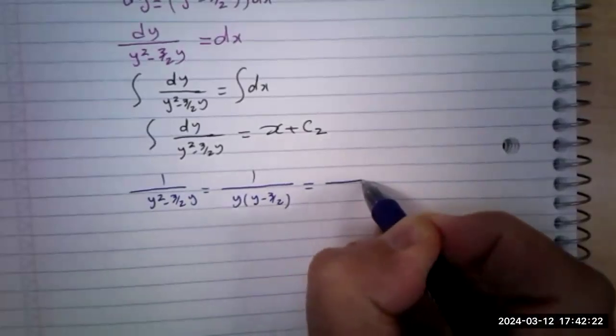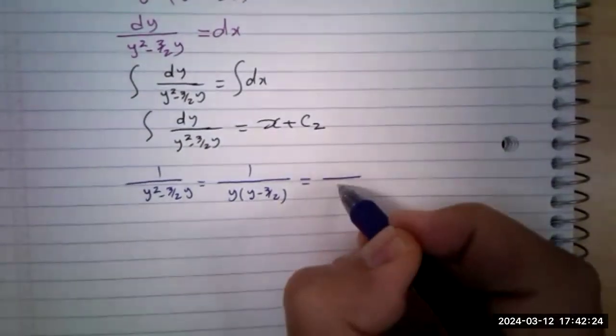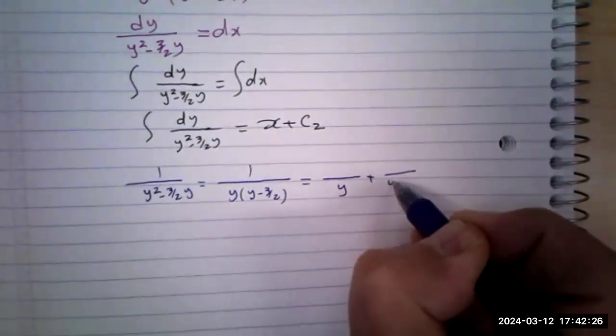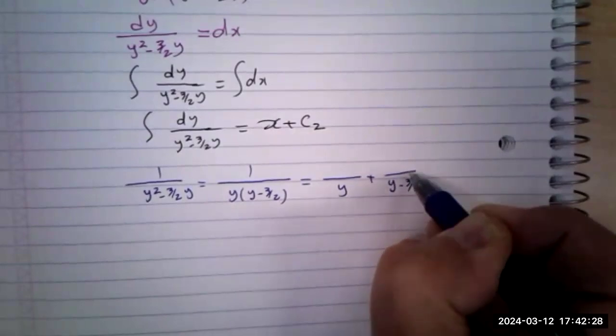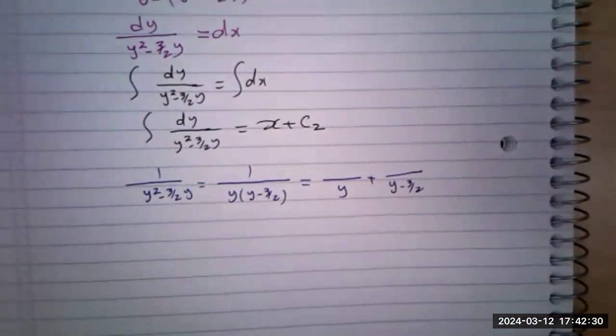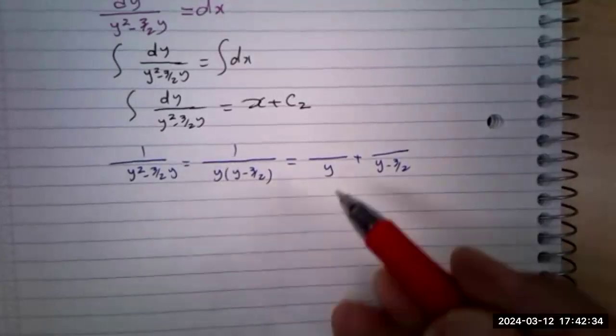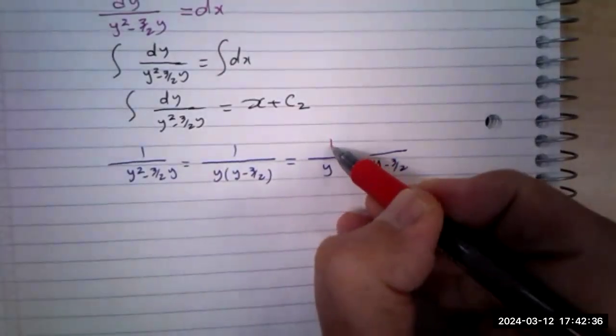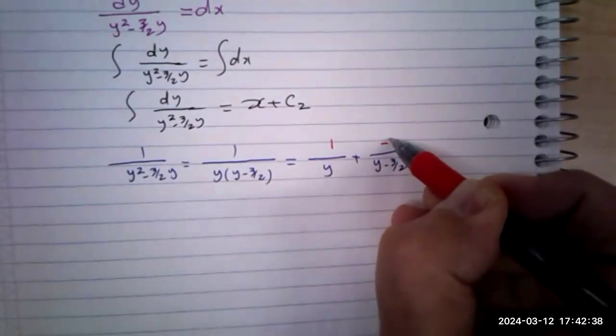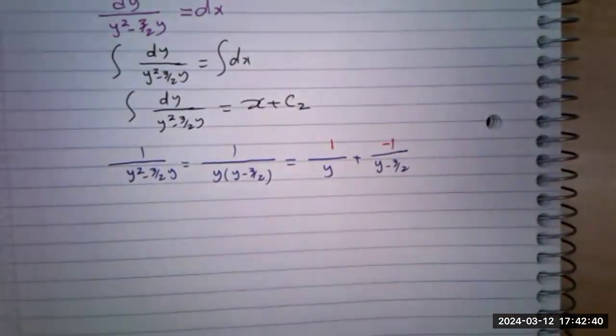So you have two fractions. Okay, this is it. One of them has y, the other one has y minus 3/2. What's going on the top? You see, this is one only. So what you can do is put the 1 and negative 1 on the top, and then decide if it is going to be correct, because the y should disappear.